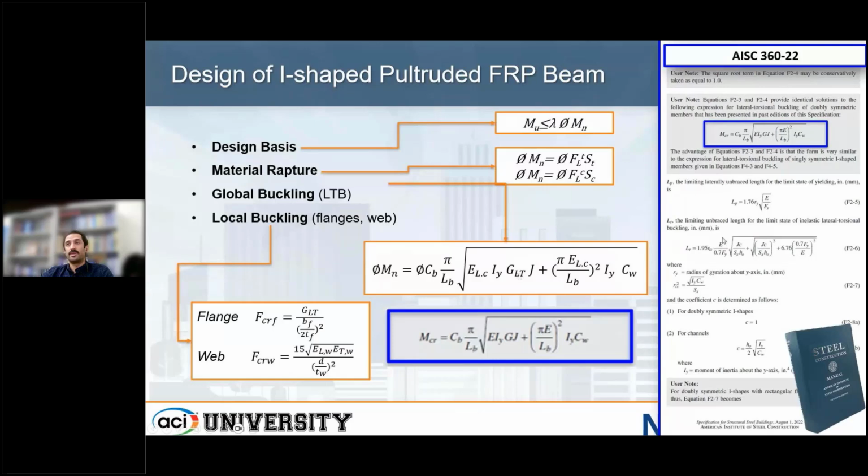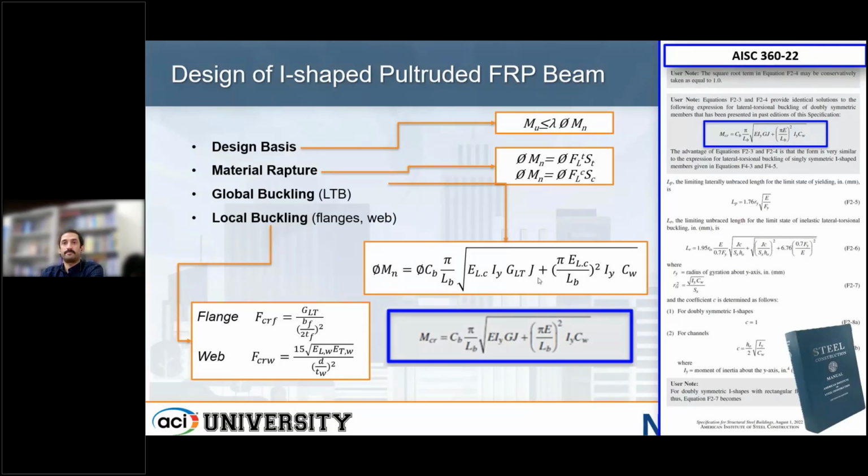I brought this from ASCE 360, and you can see how similar the equations are. In FRP, we have direction-dependent properties like the modulus of elasticity, so we use the longitudinal modulus of elasticity or the longitudinal shear modulus of elasticity. What I'm trying to say is that designing with FRP isn't as complex as it might seem. It's actually quite similar to working with conventional materials and very easy to understand.